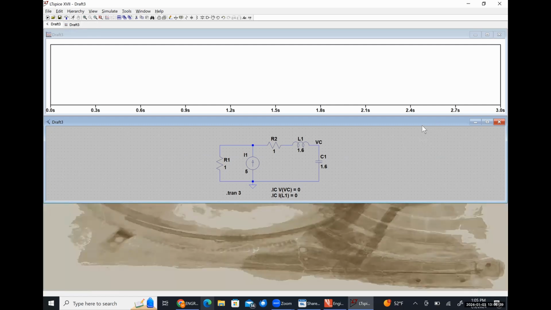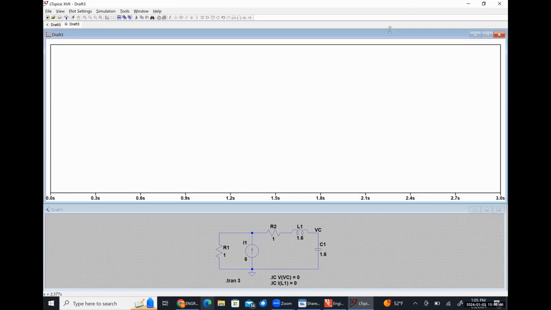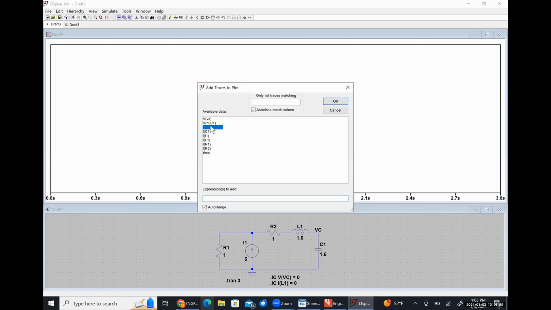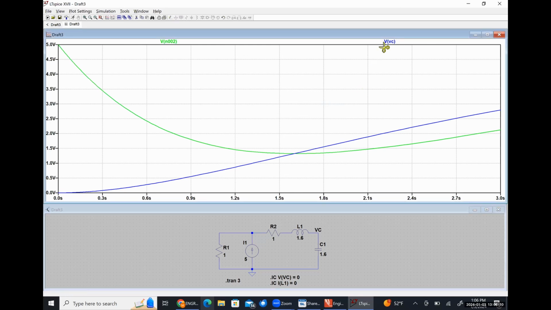All right, so I need the voltage drop across my inductor, positive polarity on the left. So I'm just going to mouse over here. This node is V at node 2. So add trace, the voltage at node 2 minus the voltage at node VC is the voltage drop across my inductor. Oops, that did not come out exactly how I wanted it.